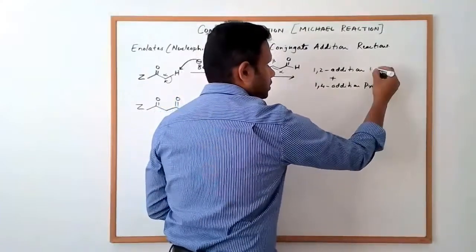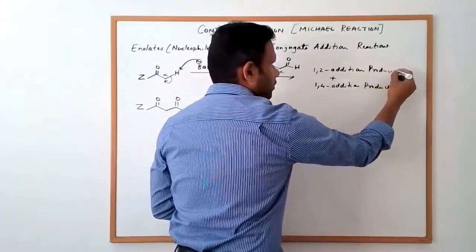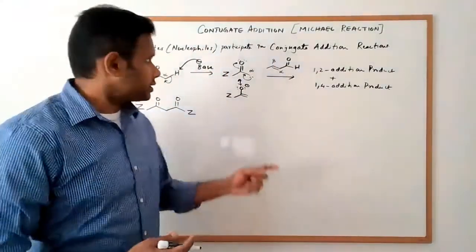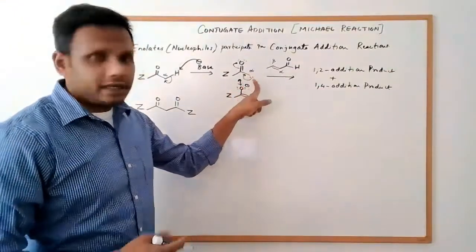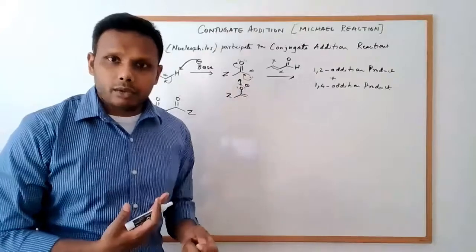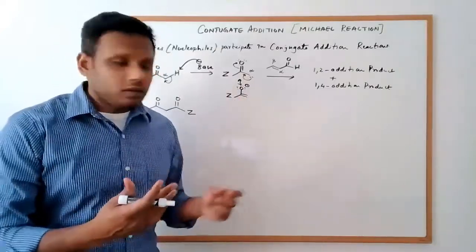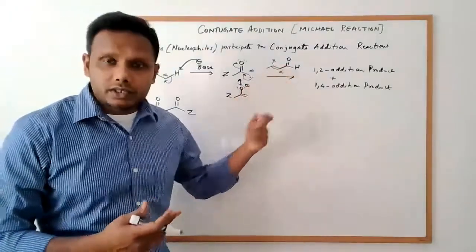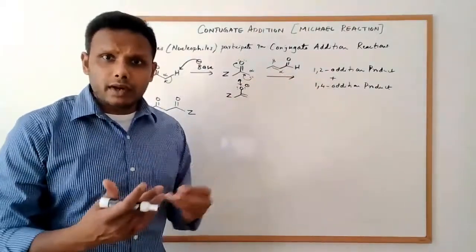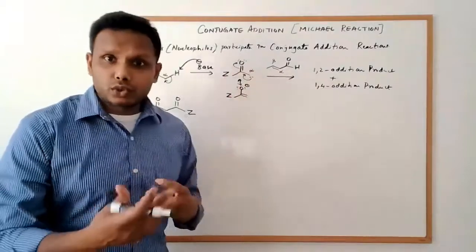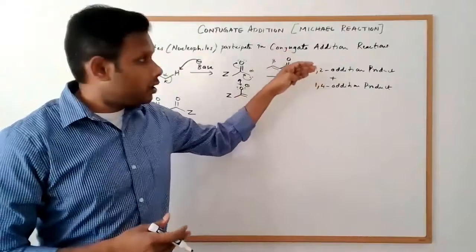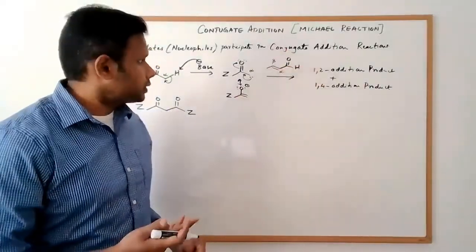So we'll get the 1,2 addition product, and we will also get the 1,4 addition product. So we get a mixture of products here, because the enolate here is a strong nucleophile, but it's also resonance stabilized. So it is strong, so it does the 1,2 addition, but it is stabilized to some extent, so it is also able to do the 1,4 addition. So we do not have a good control here. We cannot do this selectively where we choose one addition over the other addition.